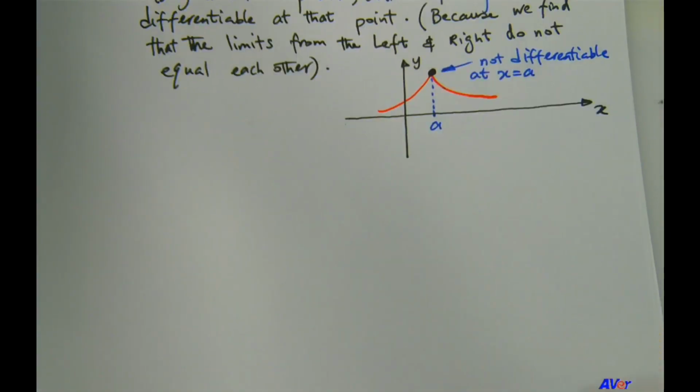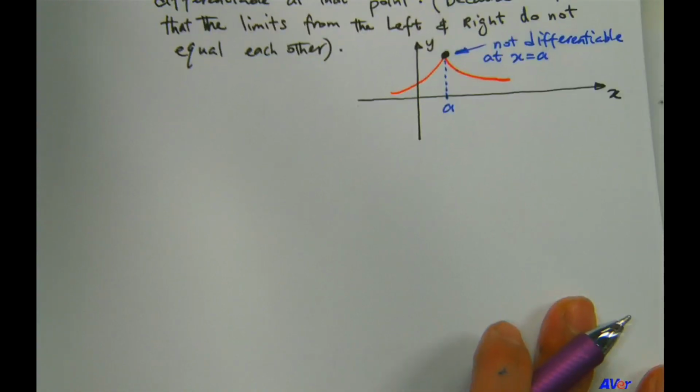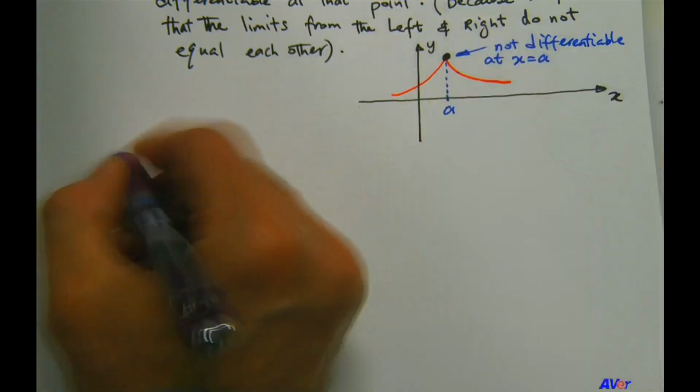Okay, all right, so what's case 2? Case 2 is when we have jumps or gaps in the graph of a function. Let's look at that.